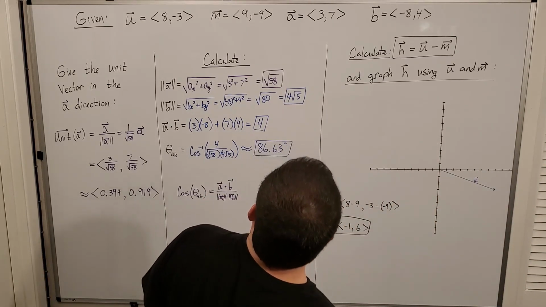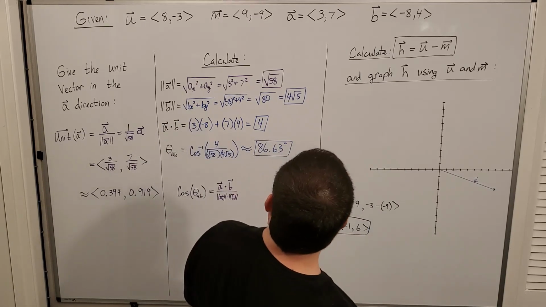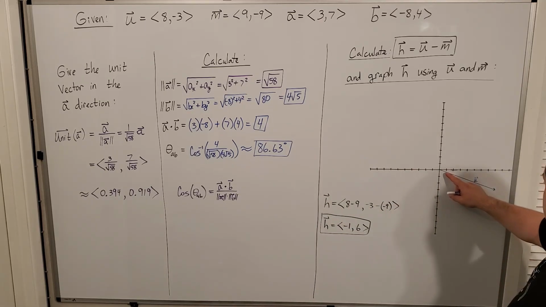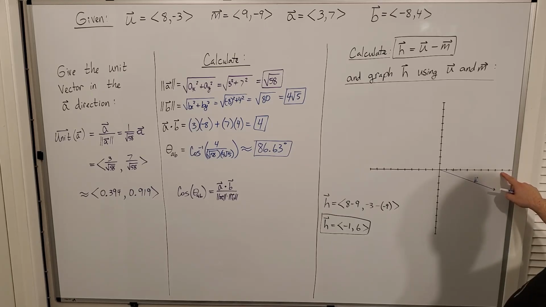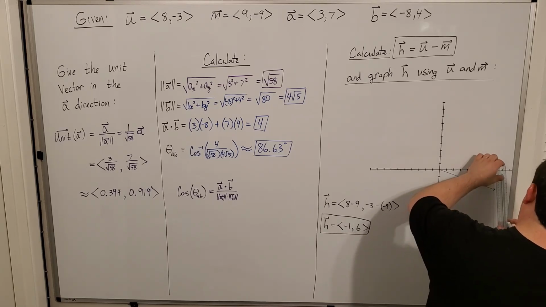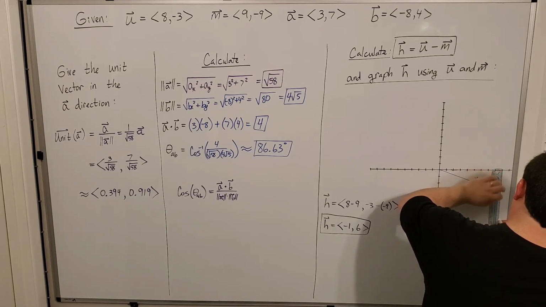Next, let's graph the m vector. I'll do it in blue again. 9, negative 9. Okay, so 4, 5, 6, 7, 8, right? 9 is just one more over. And then we have to go 9 down from there.